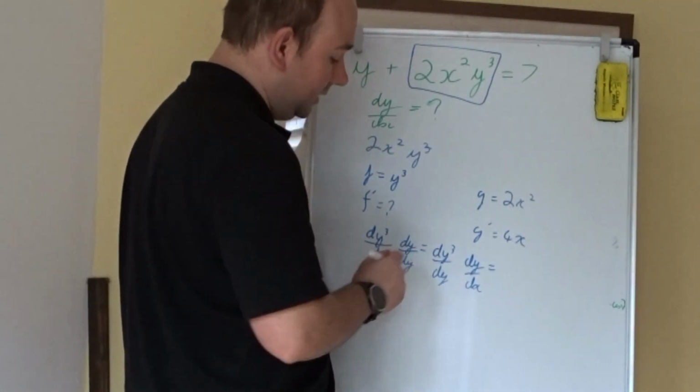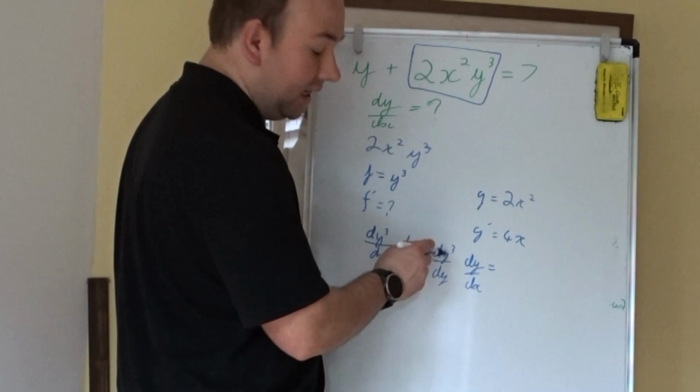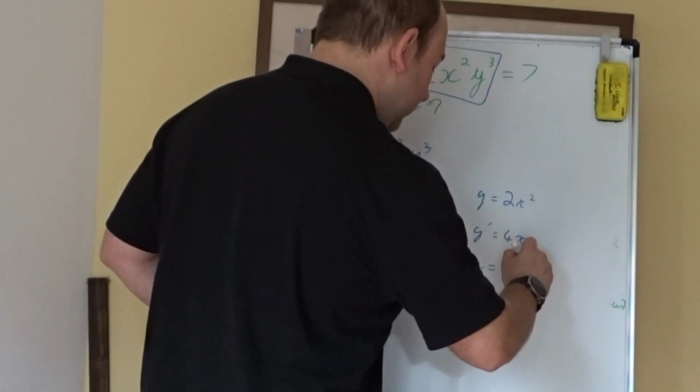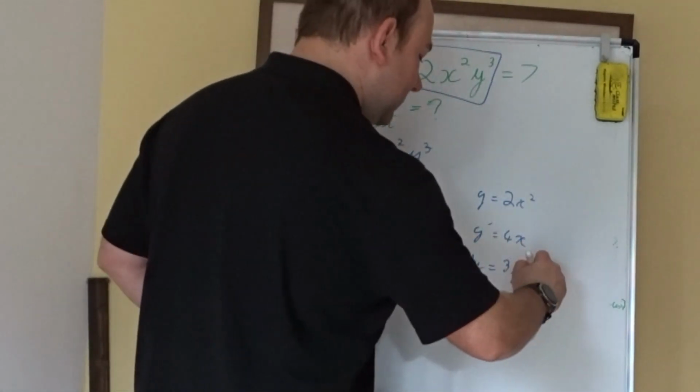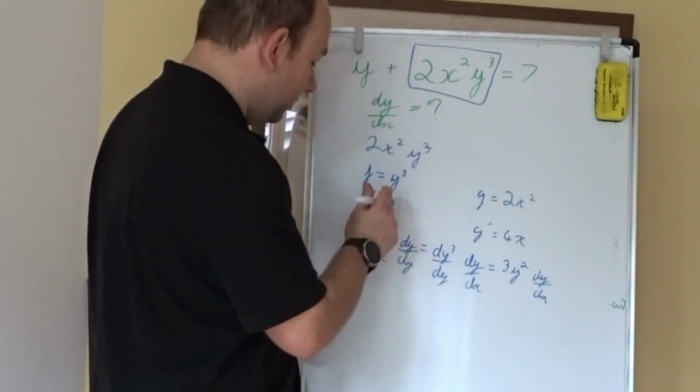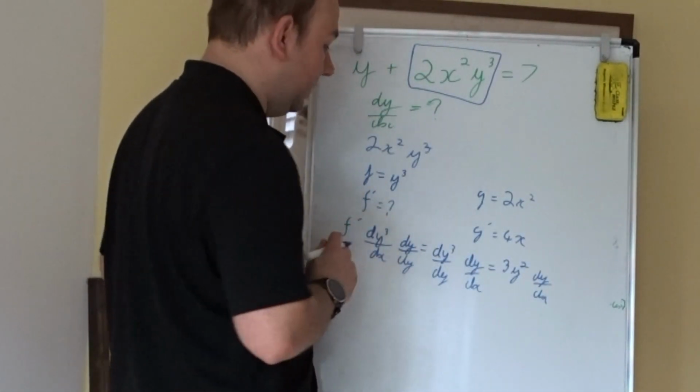And I can now do this because I can differentiate y cubed, that's going to go to 3y squared, and I still have this dy by dx. So this is what our f prime is equal to.